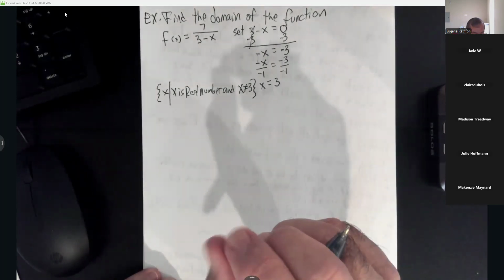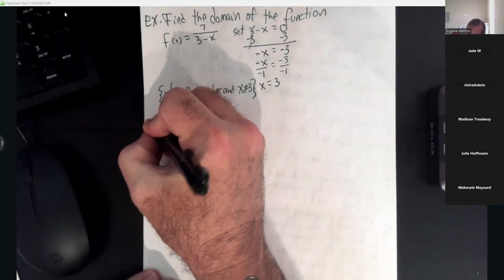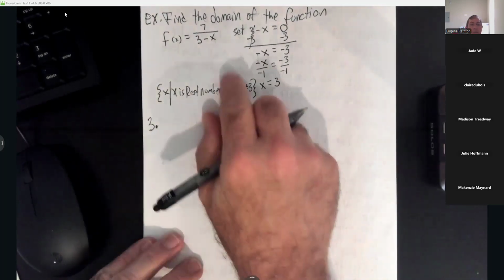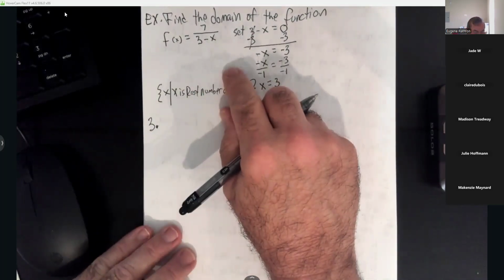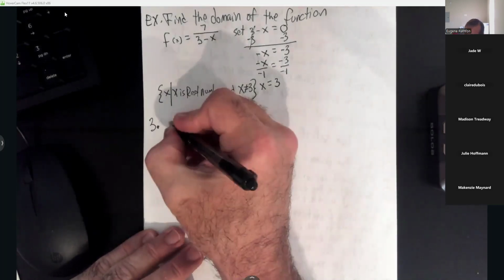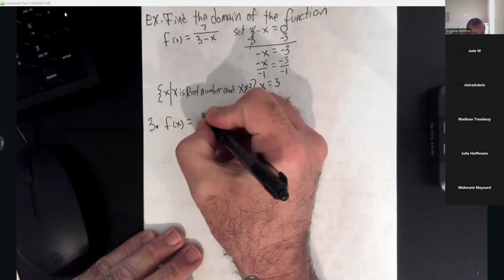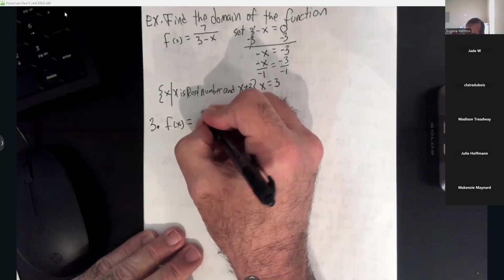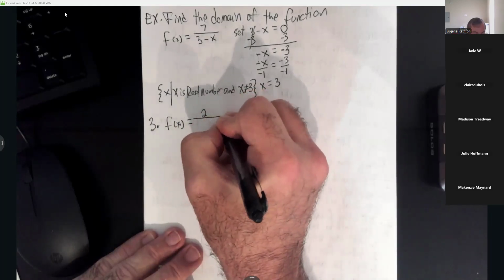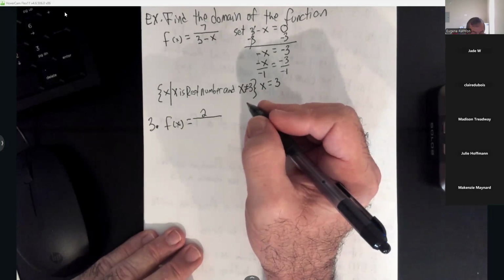All right, so for their examples, these start at number 3. So this one was just a warm up for us, okay? So for their number 3, they're giving me f of x equals 2 over x minus 11.